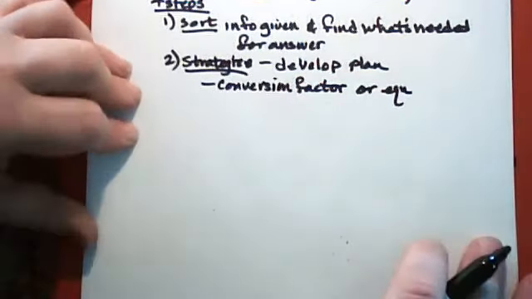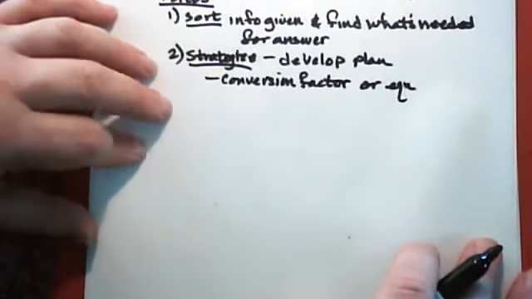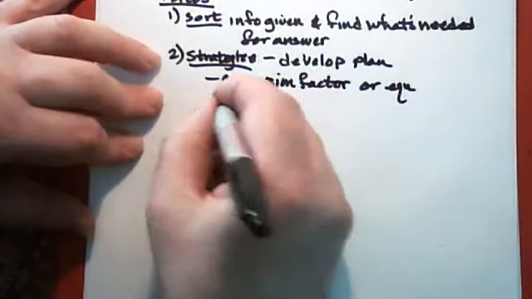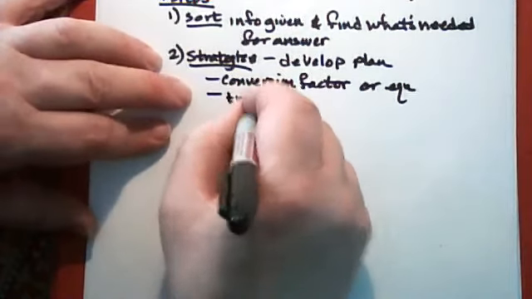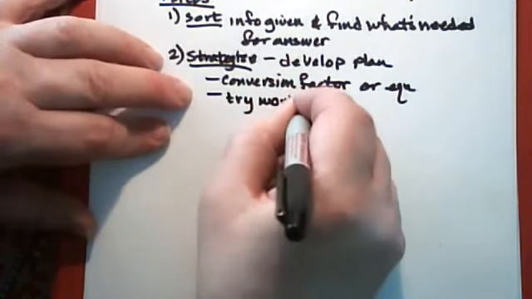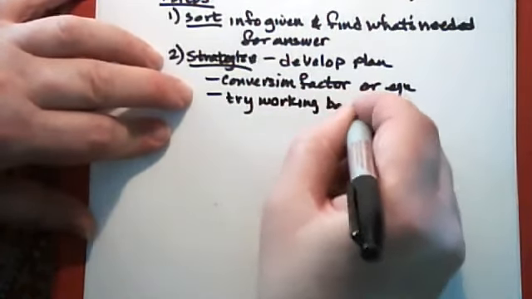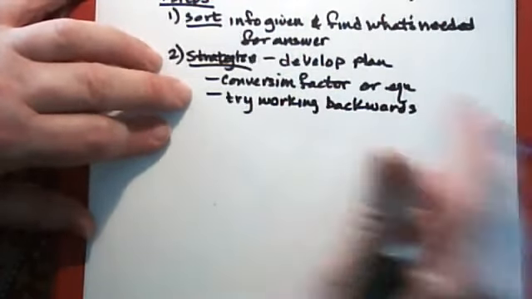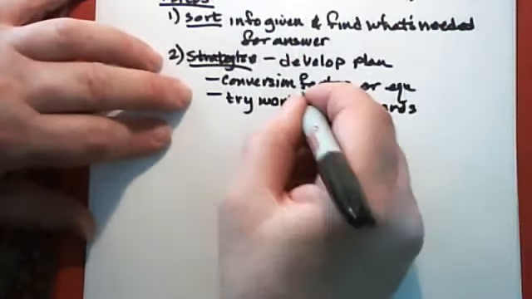And that usually involves some sort of conversion factor or an equation, or maybe both. One thing you might want to try is sometimes it helps if you work backwards.